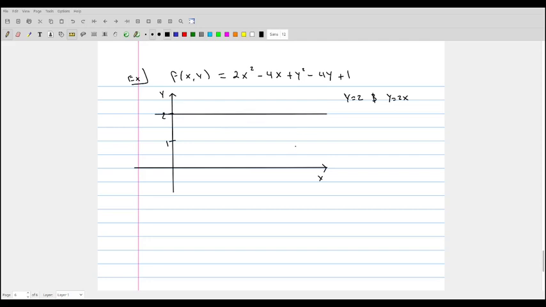So the line y equals 2 is this line right here. And the line y equals 2x, x goes over by 1. It's exactly this line right here, the line going up through the origin and hitting that point right there.